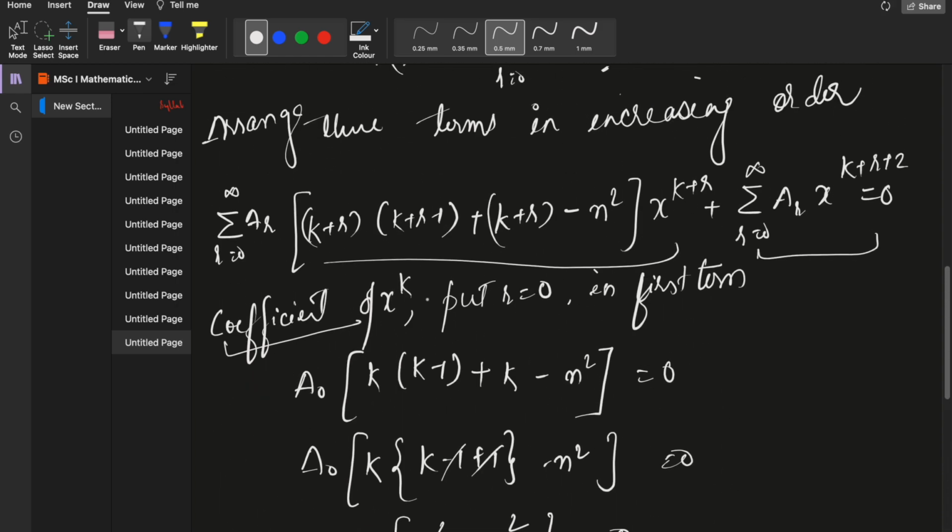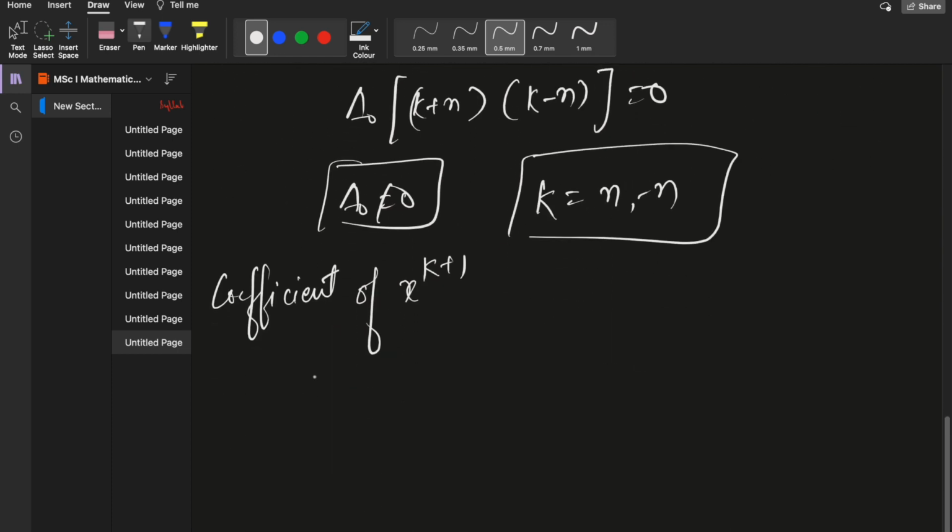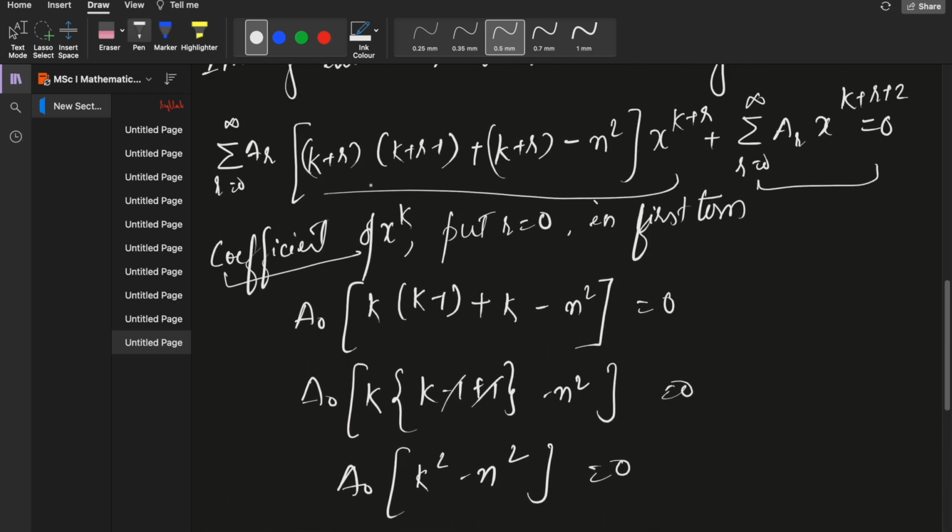If I look closely, I will get x to the power k plus 1 only when the value of r is 1 in the first term. All right. So put r equals to 1 in the first term. So what is my first term here?